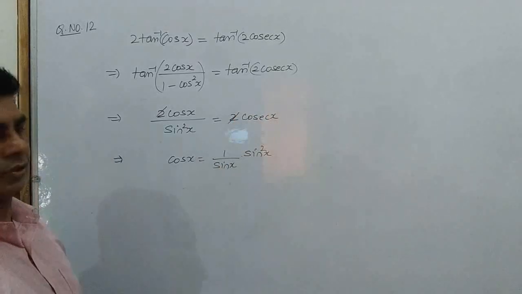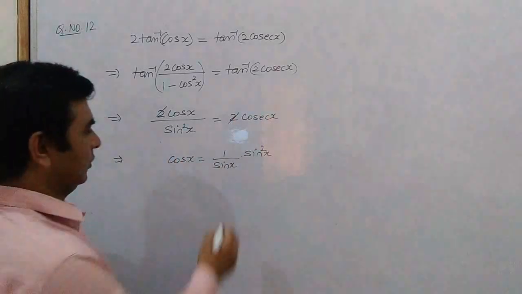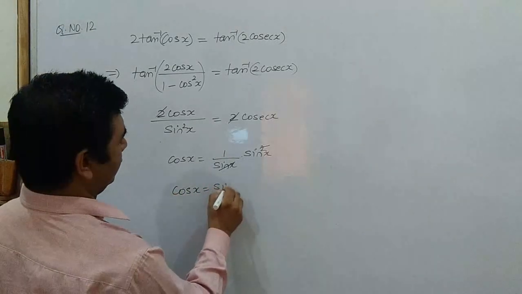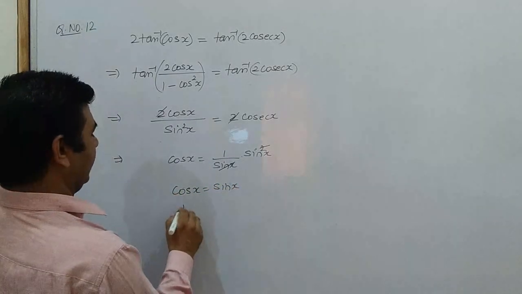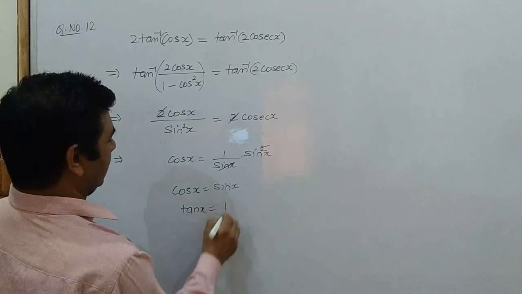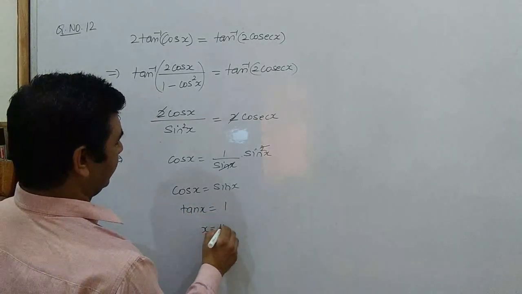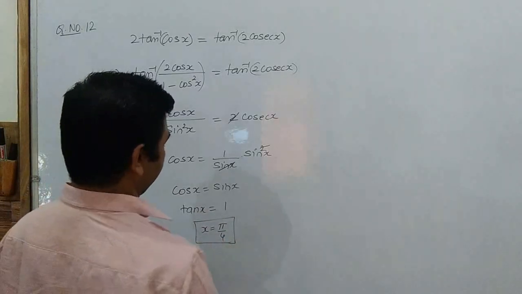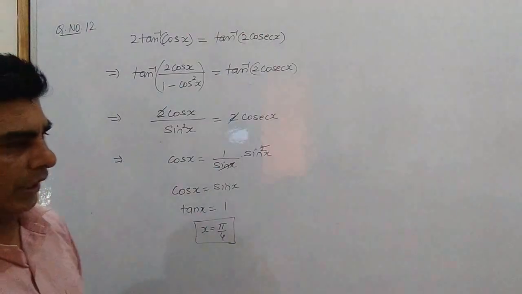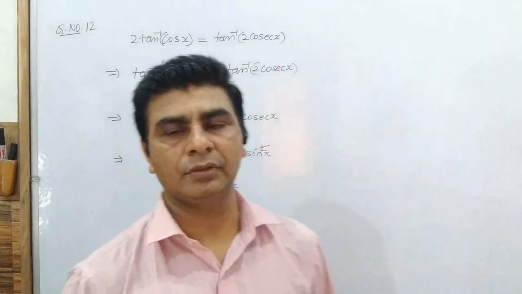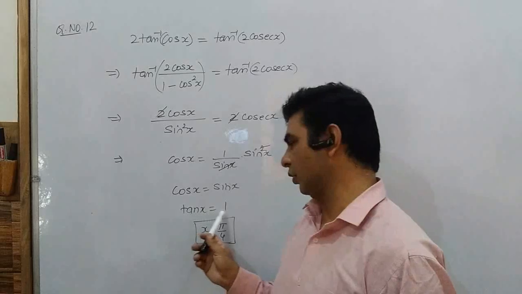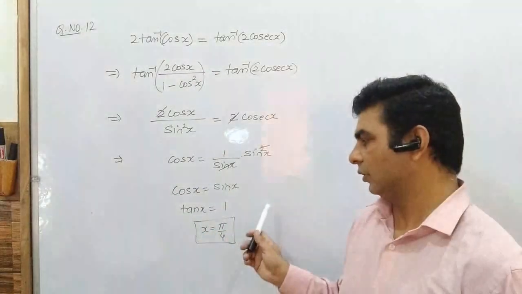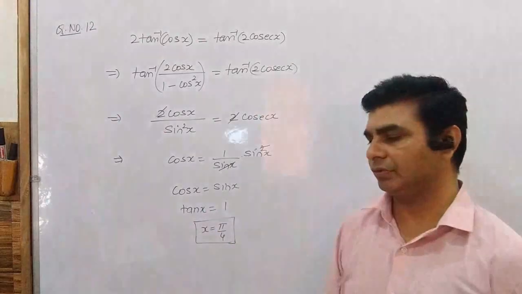After multiplying, one sin x will cancel out. This is cos x is equal to sin x, or simply tan x is equal to 1, and x will be pi by 4, because the value of tan theta is equal to 1 at 45 degrees. So if tan x is equal to 1, the value of 1 in the tan table is tan 45, so tan will cancel out, and the answer will be 45.